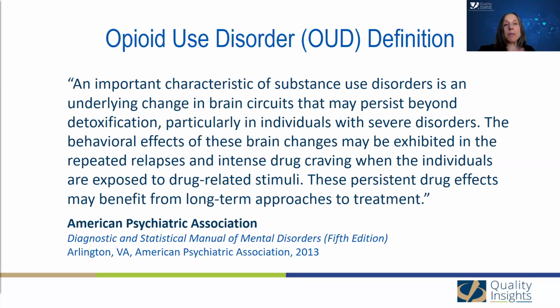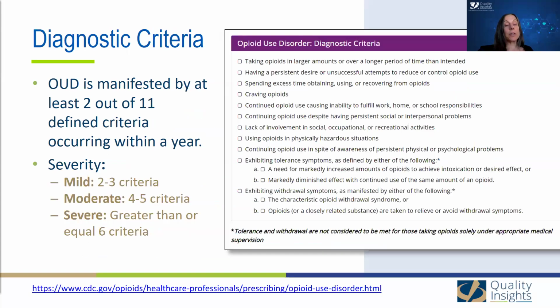So we have to be really, really cautious of individuals and again, do some screening so we understand what we're facing. Opioid use disorder, this is the diagnostic criteria. And as you can see, we could screen individuals in our own facilities. This is fairly easy. It's available at the CDC website. Opioid use disorder is manifested by at least 2 of the 11 criteria.